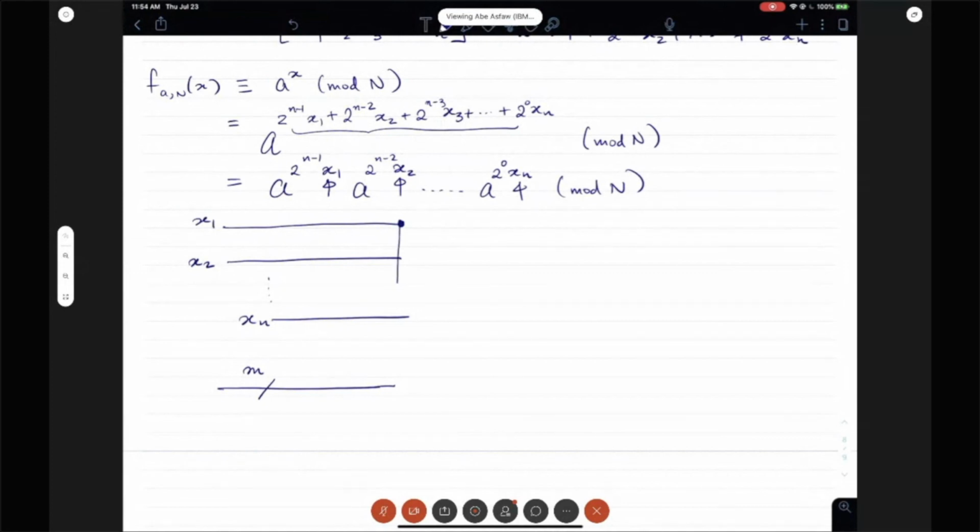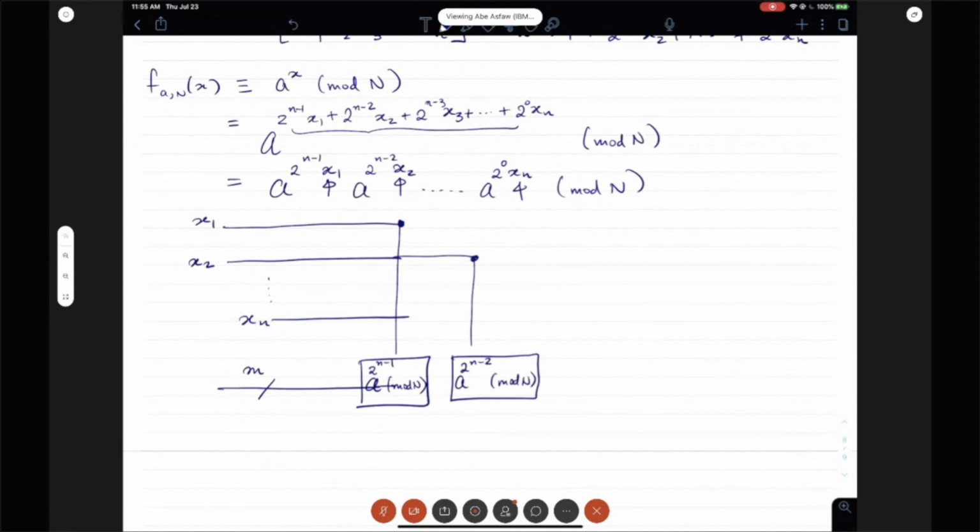So you have something here that looks like a to the power of 2 to the power of n minus 1 modulo n. Here you have a to the power of 2 to the n minus 2 modulo n.